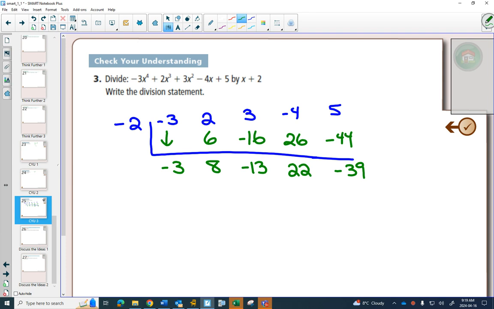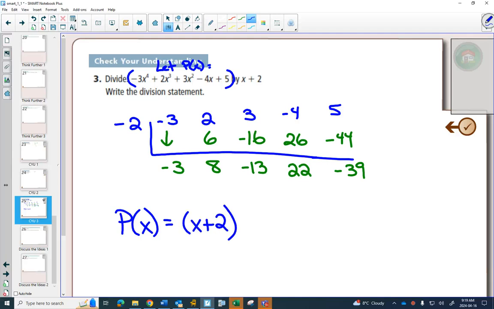So my division statement. And remember the shortcut that we like for our division statement? Put the polynomial in brackets, and above it say, let p of x equal. So then in my division statement, I don't have to rewrite all of that. I can just say p of x equals, my divisor is x plus 2.